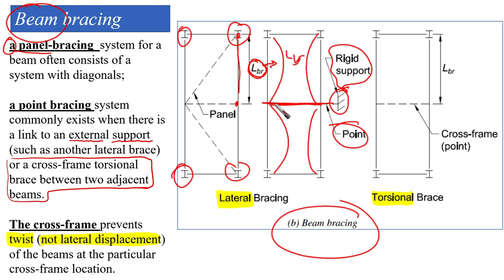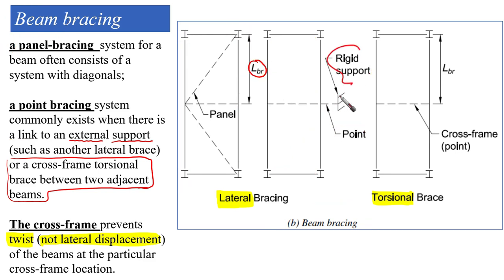This means that we have a point where all lateral movement is going to be prevented. So a point bracing system commonly exists when there is a link to an external support, such as another lateral brace. As we are going to see here, for example, we have a rigid support and then it is connected.